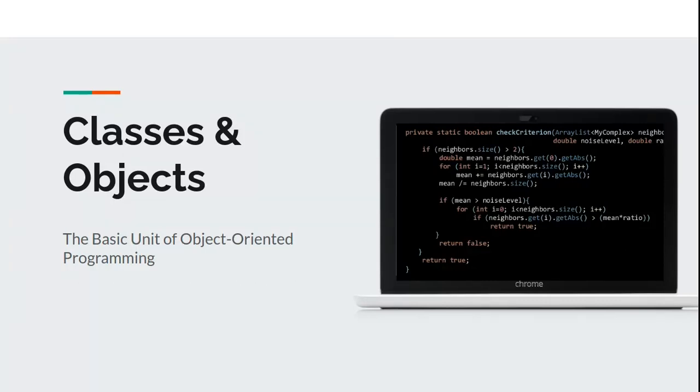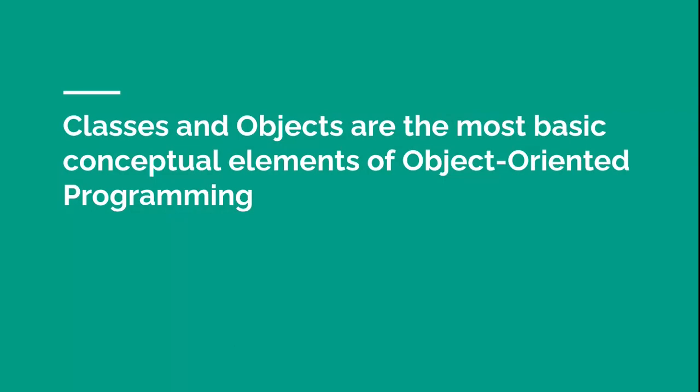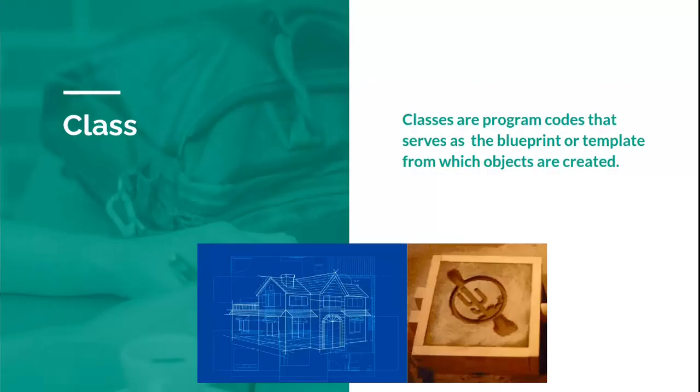In this video, we are going to look deeper and hopefully gain more understanding about the differences of classes and objects. Classes and objects are the most basic conceptual elements of object-oriented programming. And classes are program codes that serve as the blueprint or template from which objects are created.